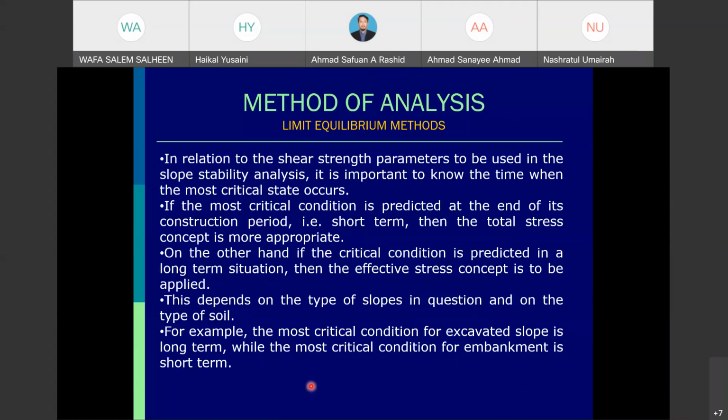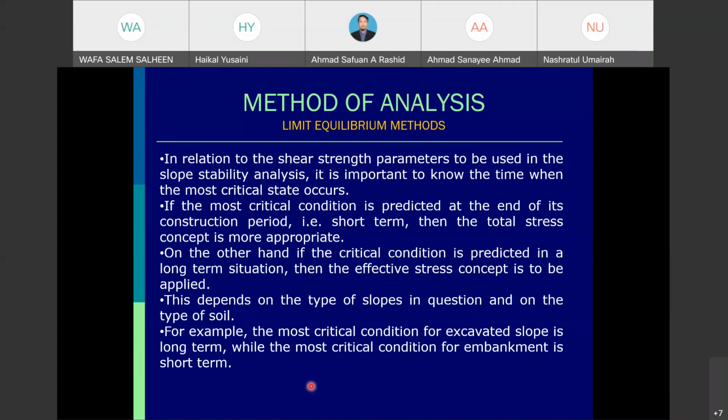Normally, in analyzing slope stability, I prefer to use the long-term analysis, which is the effective stress analysis, rather than the short-term analysis.